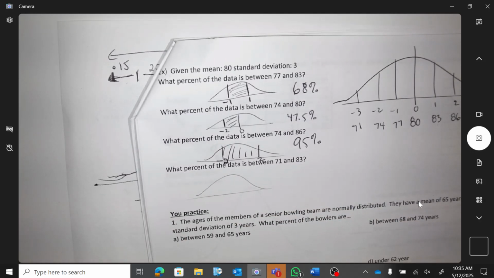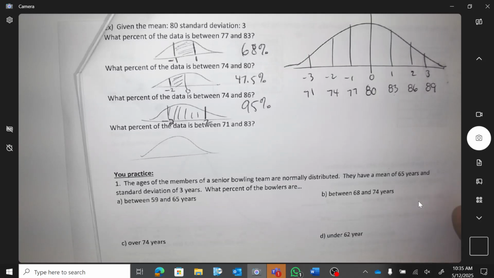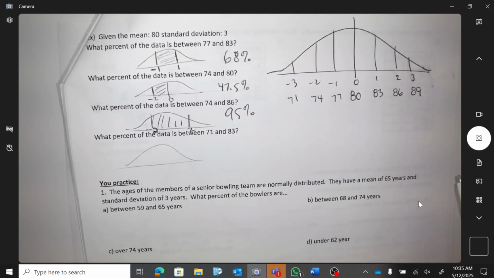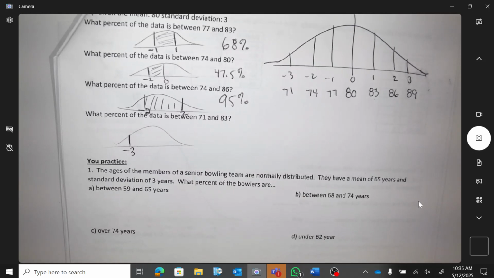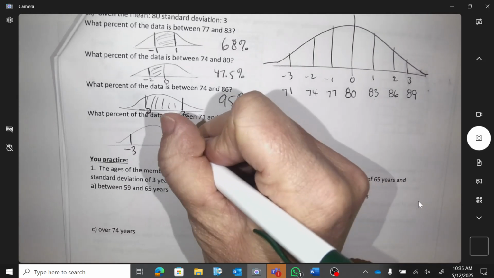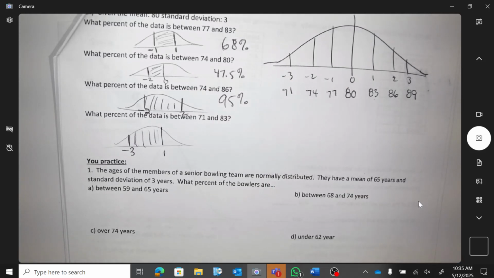The last question is, what percent of the data is between 71, so negative 3, to 83, so that's a 1? Can you figure out that number?